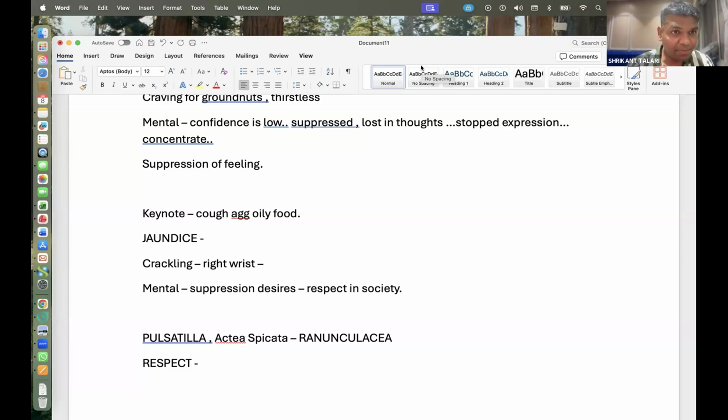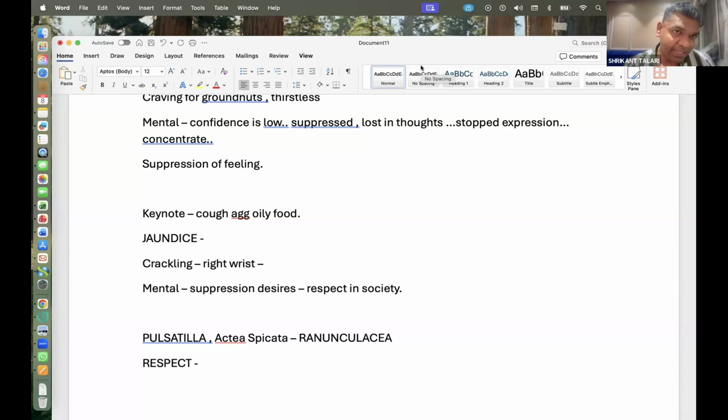So I gave Actaea spicata. I don't know if Actaea spicata has liver affinity, but I know definitely Actaea spicata has joint affinity. And I also know that Actaea spicata, because it belongs to the Ranunculaceae family, has this issue of suppression, respect, honor in society. All this is seen in all the remedies of the Ranunculaceae family.